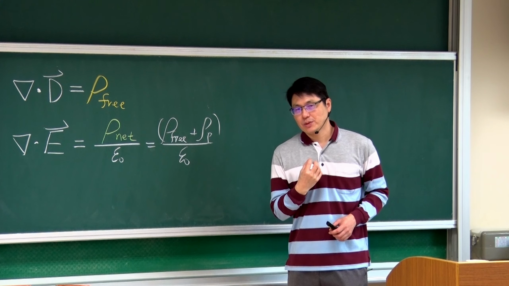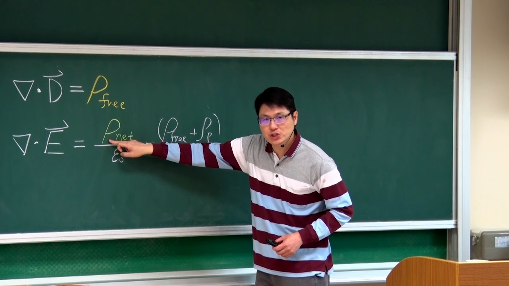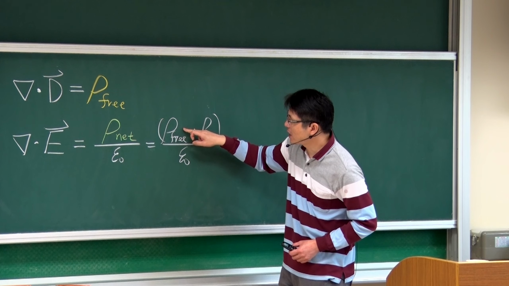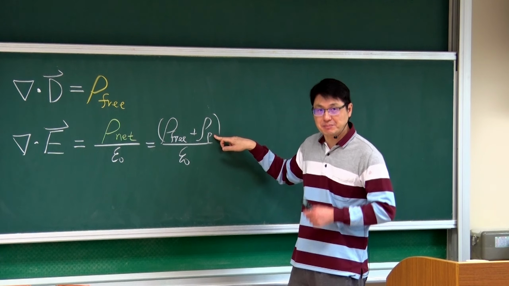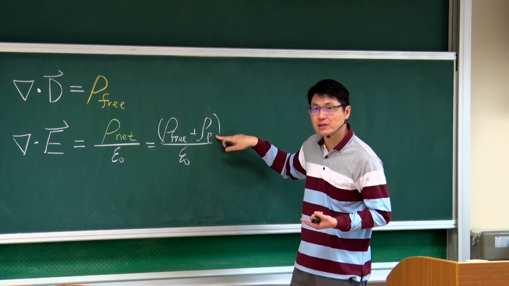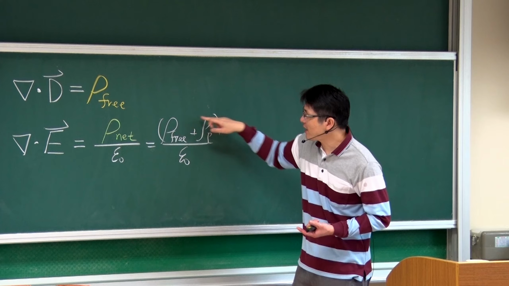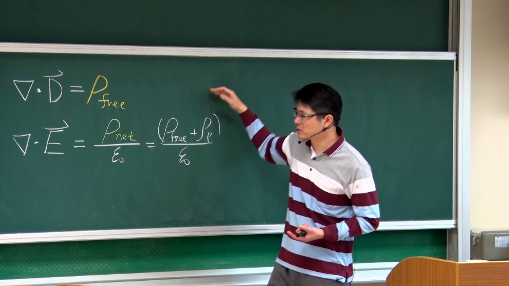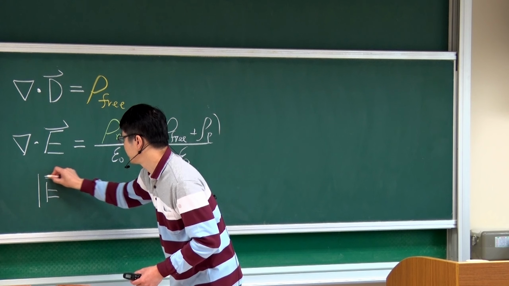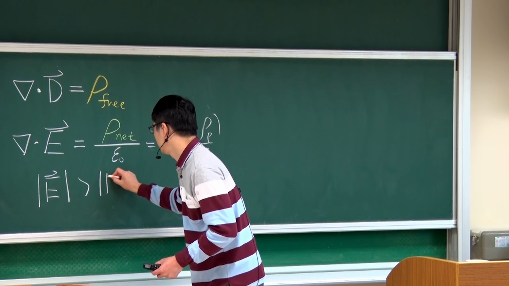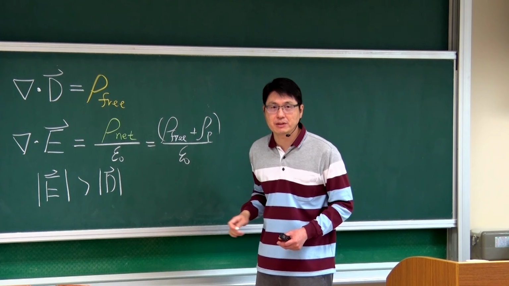My instinct was to say, well, because the net charge density is the sum of the free charge density, this guy, plus some additional value, the polarization charge density, this adds up to a larger value. So initially I assumed, if I don't care about epsilon 0, okay?